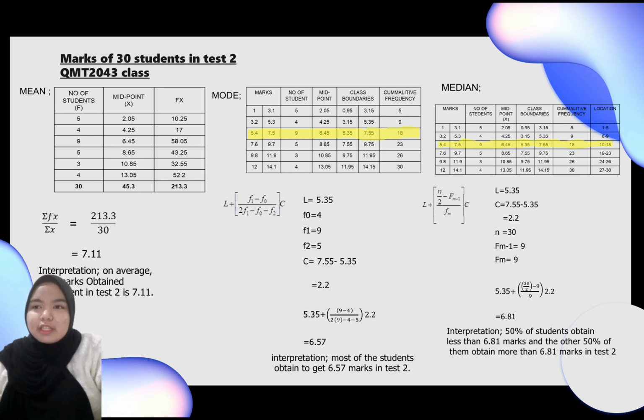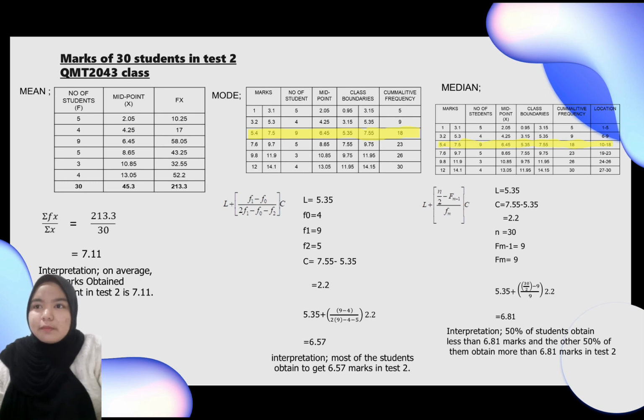The interpretation: on average, the mark obtained by students in Test 2 is 7.11. For the mode in Test 2 it is 6.57. The interpretation is most of the students obtain 6.57 marks in Test 2.